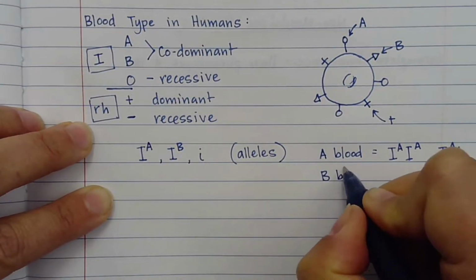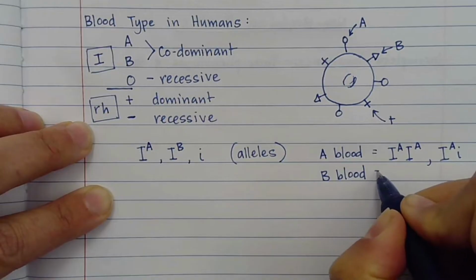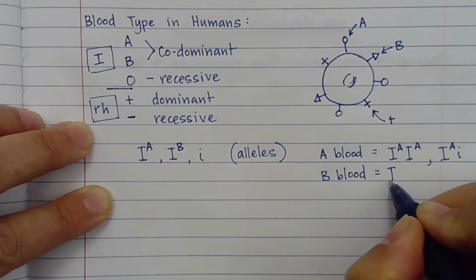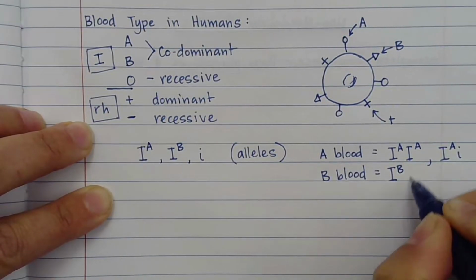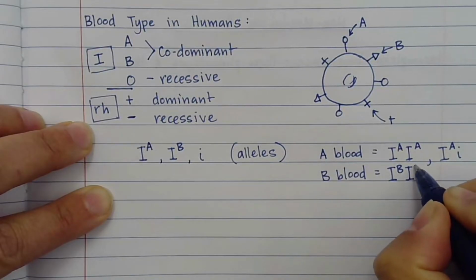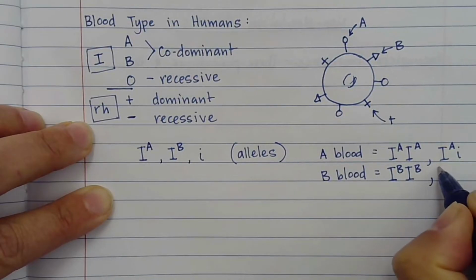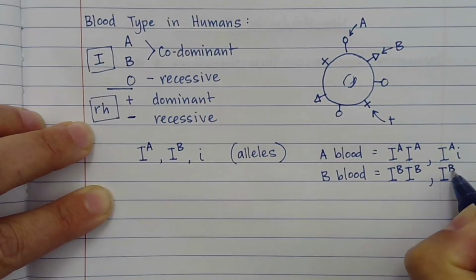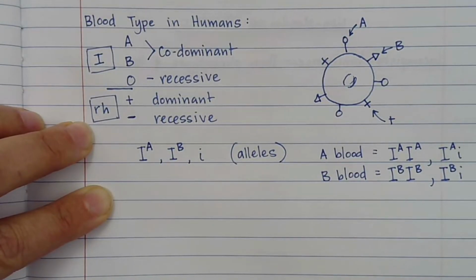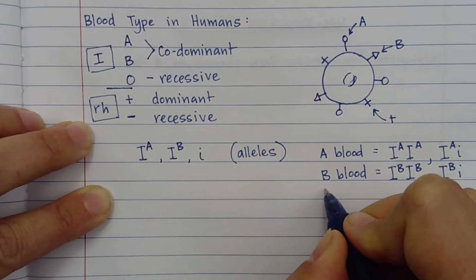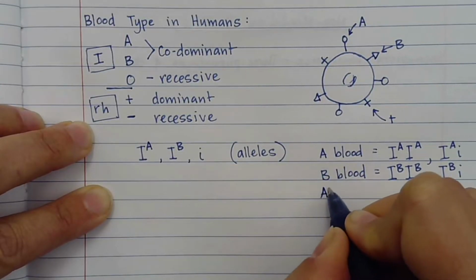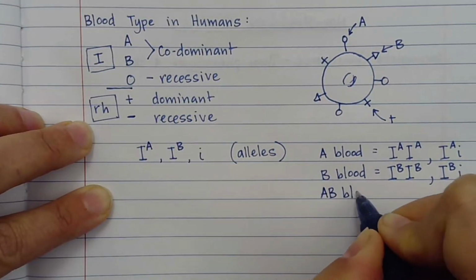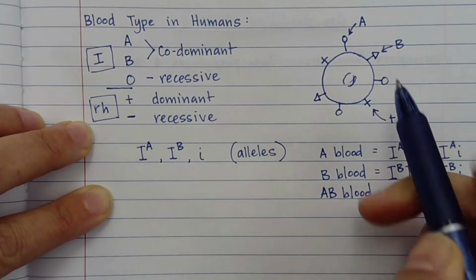B blood is going to have the B protein, and it can have two versions of that B protein or one version of that B protein. Now, some people have AB blood. That's this person up here.